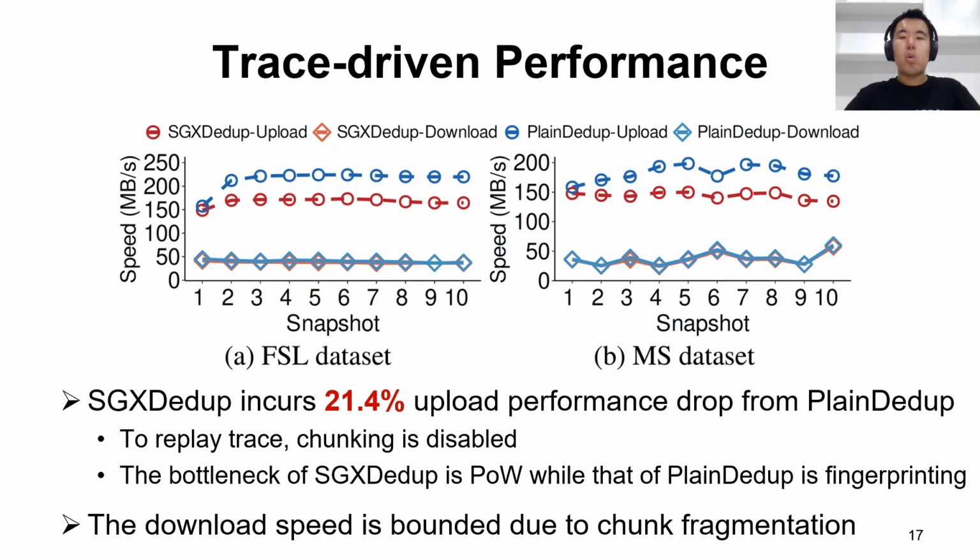We see that SGXDedup incurs 21.4% upload performance drop from plain dedup since we now disable chunking to replay each snapshot. The bottleneck of SGXDedup is POW, while that of plain dedup is fingerprinting. The download speed of both systems is similar since it is bounded by chunk fragmentation.